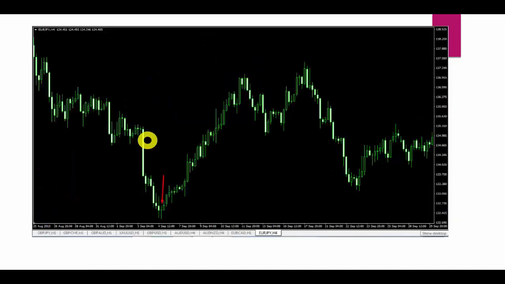All right, we have another example of the doji candlestick pattern. This is the Euro JPY H4 time frame. You can see the market was falling, with a huge downward trend on this pair.